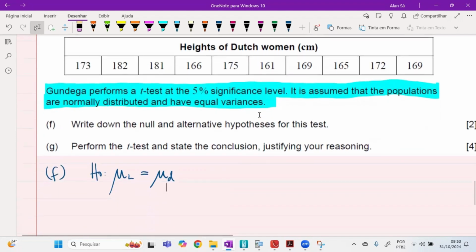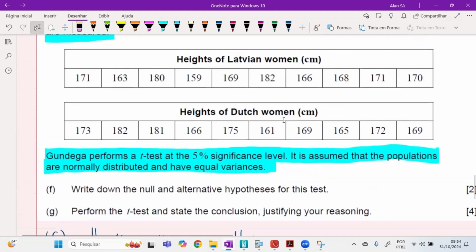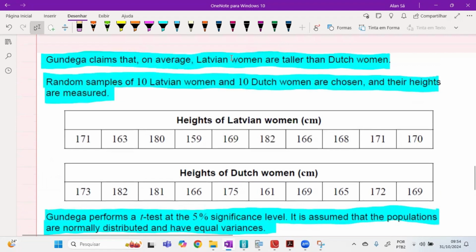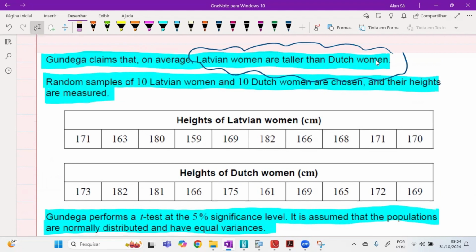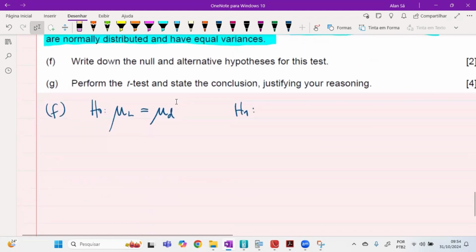The null hypothesis for a two-sample t-test is always that the two means are the same. The alternative, in this case, is that Latvian women are taller than Dutch women. This sentence is the one telling us the alternative hypothesis. So that's what we are testing, in fact: if the population mean of Latvian women is greater than the population mean of Dutch women.